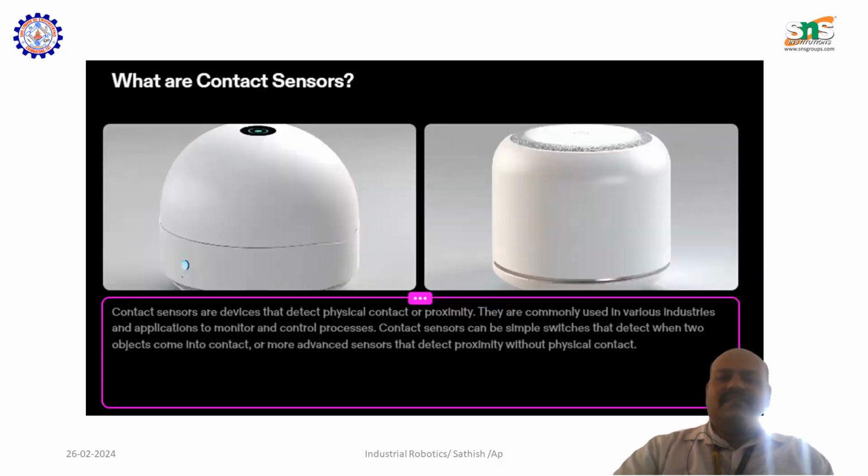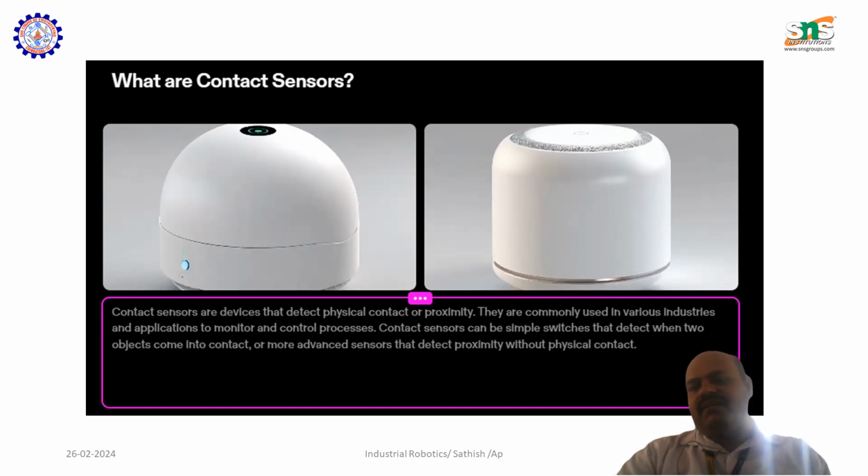So these contact sensors are devices that detect physical contact or proximity. Proximity is nothing but nearness, how close the object is to the contact. They are commonly used in various industries and applications to monitor and control processes. Contact sensors can be simple switches that detect when two objects come into contact, or more advanced sensors that detect proximity without physical contact.